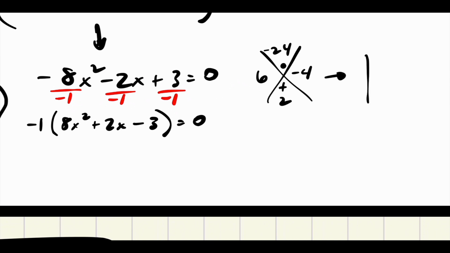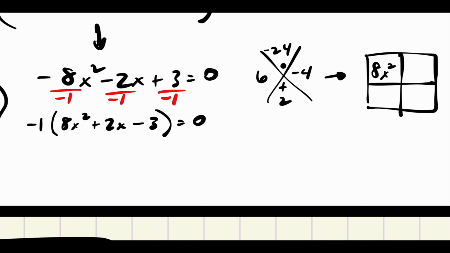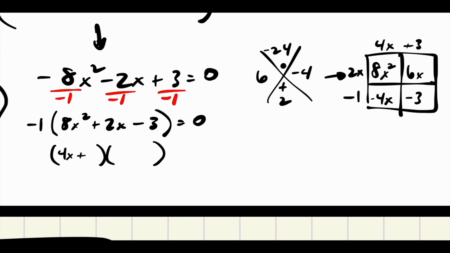Okay, let's see. 8x squared minus 3, 6x minus 4x. It's going to be 4x and 2x plus 3 minus 1. 4x plus 3, 2x minus 1 with a negative 1 in front.